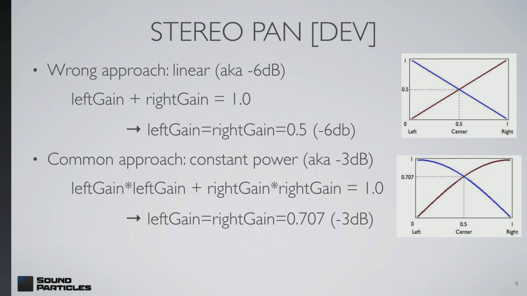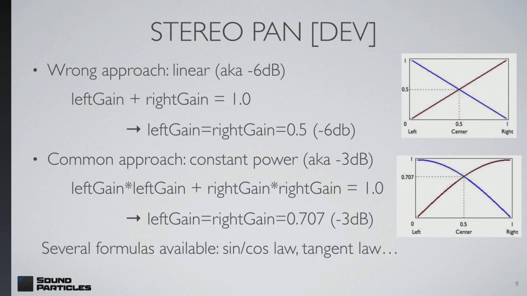What you do is a gain of 0.707 to make sure that the sum of the squares continues to be 1. Also, sometimes in software, these different curves appear as a -6 dB panning law or -3 dB panning law. So essentially you are talking about the level of the central point.